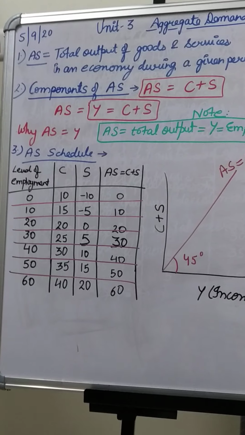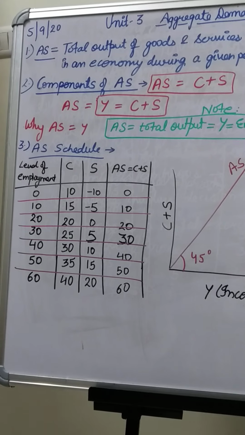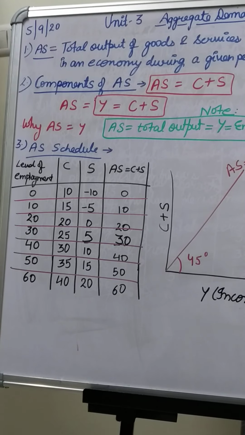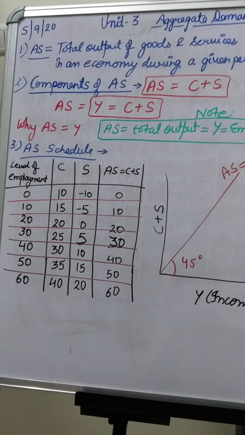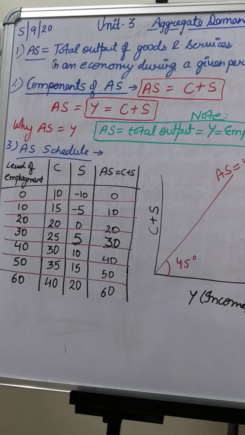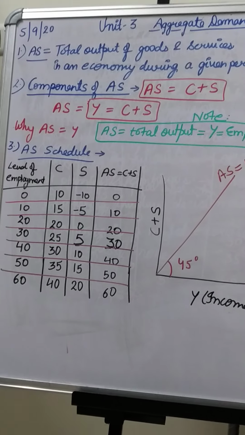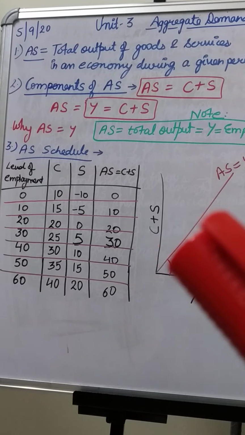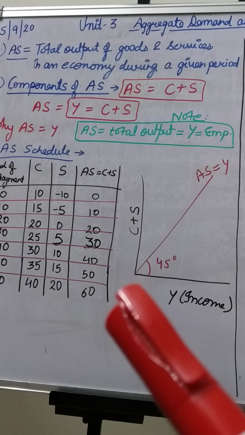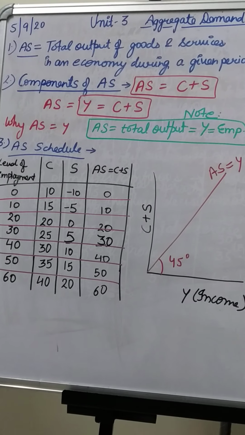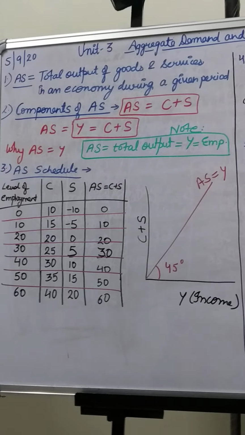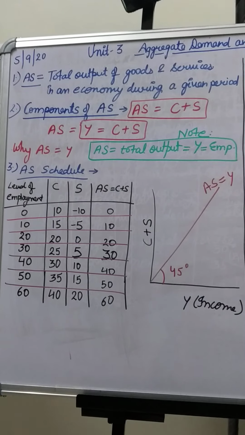After that, aggregate supply components are C plus S. Whatever the level of income Y, the income is spent in two ways: one part is consumed and the other part is saved. So aggregate supply component is also equal to C plus S. So C is 10, S is minus 10, so your aggregate supply at that time is 0. That's why the aggregate supply curve can start from the origin, but aggregate demand can never start from the origin, because some level of consumption always exists in the economy.